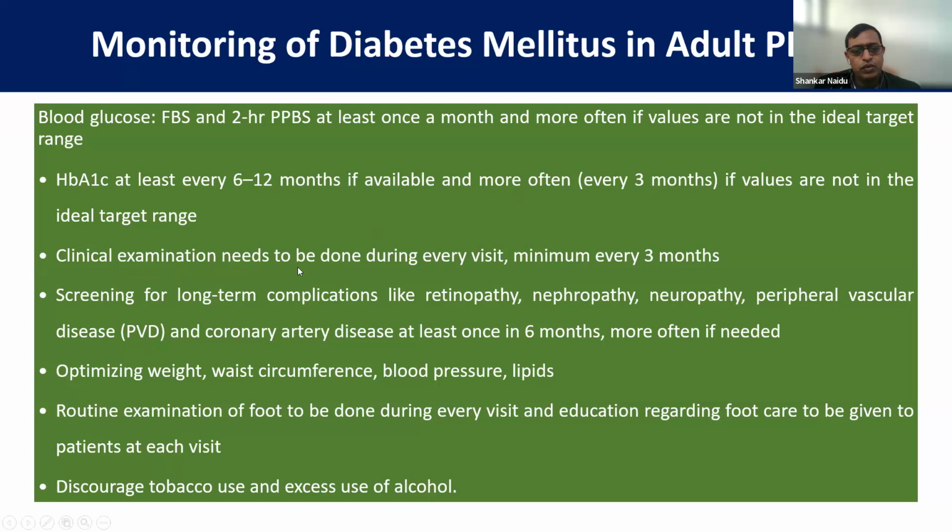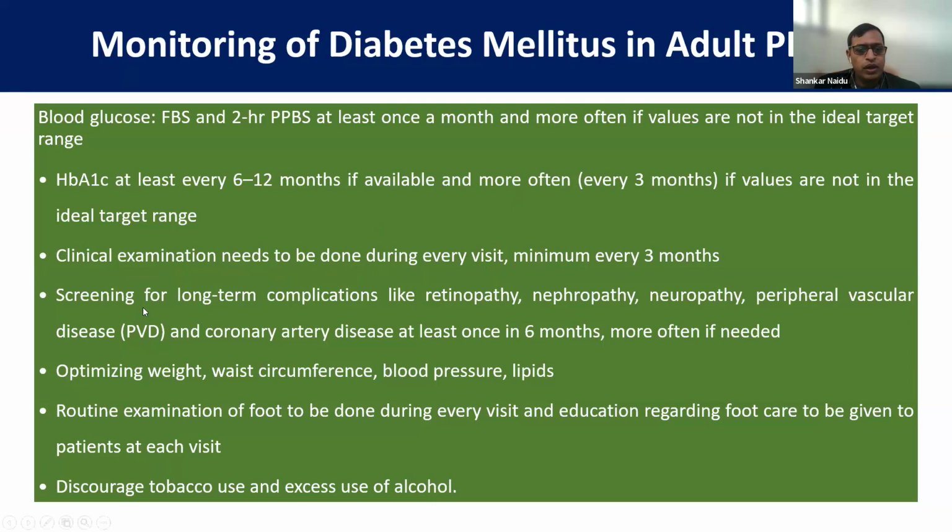Clinical examination needs to be done during every visit, and if not possible in every visit, at least once every 3 months, the clinical examination in relation to the various signs and symptoms of diabetes should be performed.